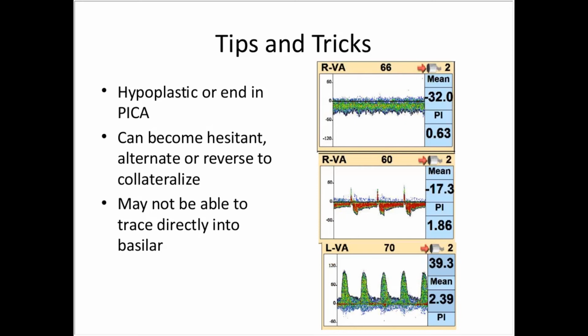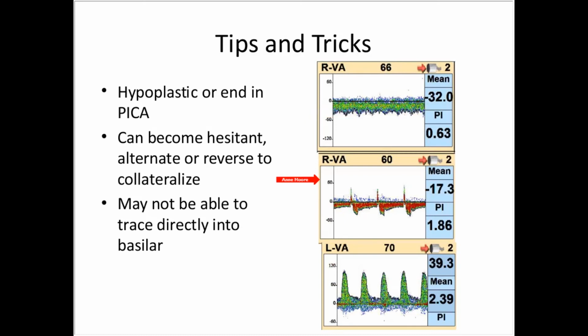They can be hesitant, they can alternate, and they can reverse to collateralize. Here's an example of a hesitant signal, which shows that systole is not filling because it's being pulled back down the vessel, if you will, because of a pressure gradient. This is an example of an alternating vertebral artery.